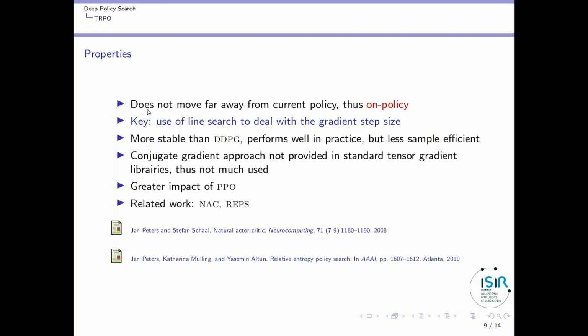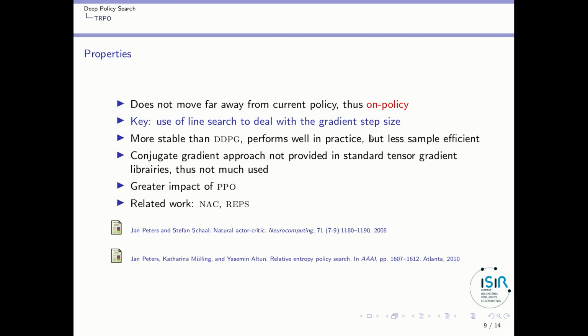So one point is that TRPO makes sure that the new policy won't move too far away from the current policy. It is on policy. You cannot train TRPO with data coming from a very different policy. And something which is also very important in the good performance of the algorithm is that they use line search to deal with the gradient step size.